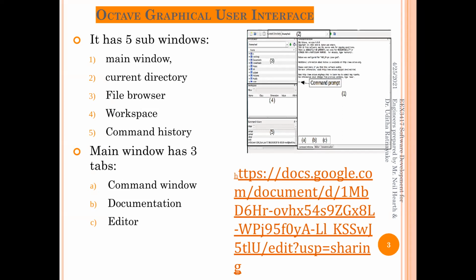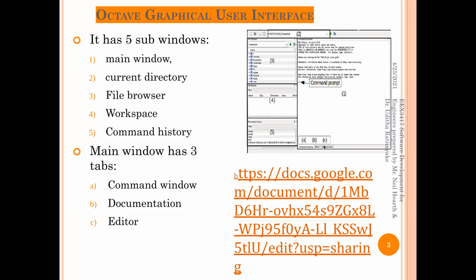This picture you can see is from the downloaded software. One is the main window. Second is the current directory. Third is the file browser. You can check files here, and workspace here, and then the command history.